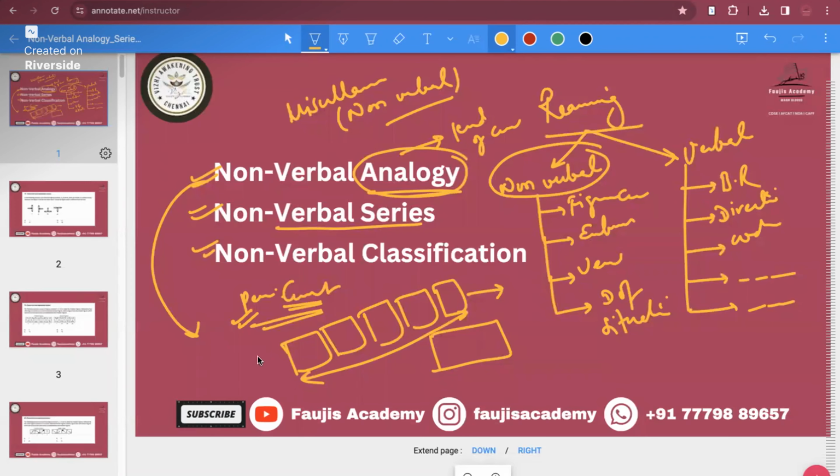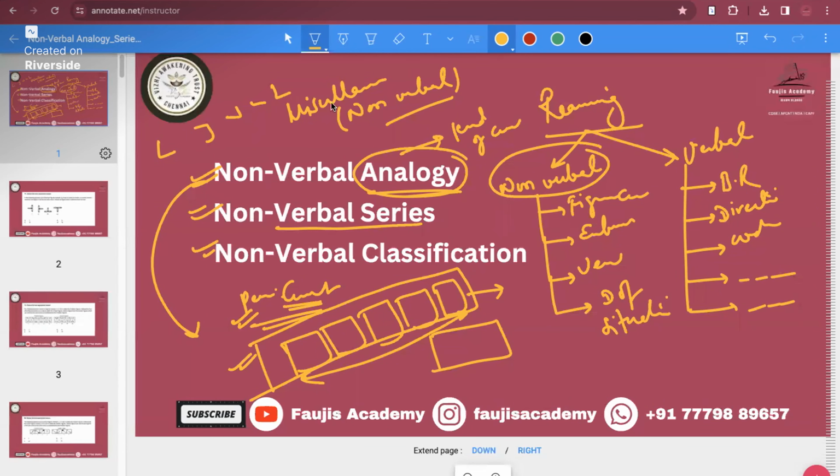Premises means the conditions given to you, the preconditions. Like saying all of these are cutting each other at 90 degrees. So this is one of the premises. Right, guys?